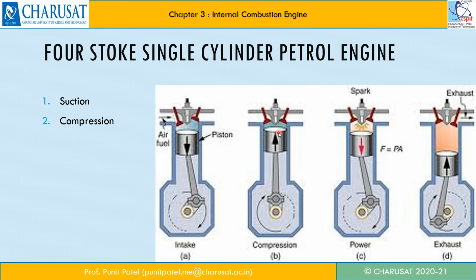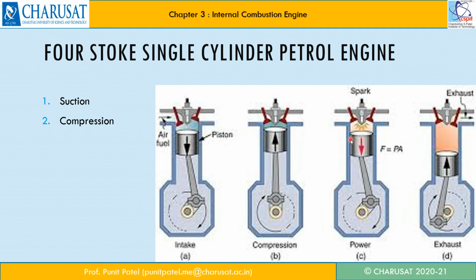That's why this is known as constant volume combustion. The pressure and temperature rapidly increase due to the combustion. Due to that combustion, the thrust force is developed, and that thrust force forces the piston to move down.